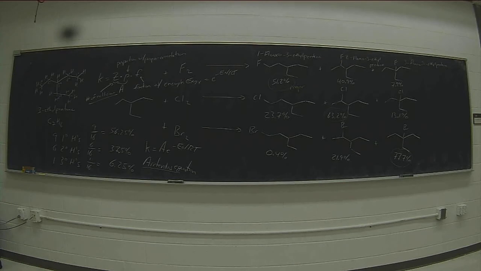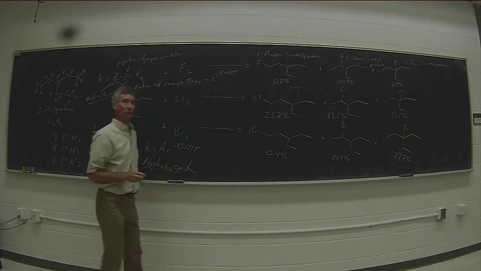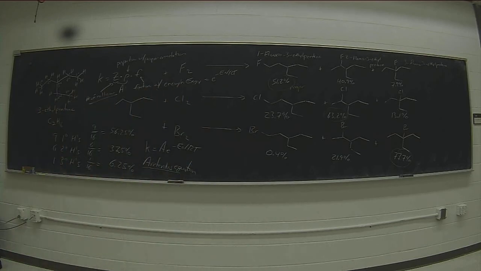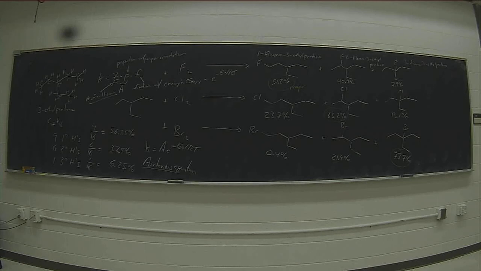So there must be a different reactivity. The relative reactivity of the primary, secondary, and tertiary hydrogens must not be the same. And the relative reactivity must be different for bromine than it is for chlorine, and different still for fluorine. So what we'd like to do is come up with the relative likelihood of a particular hydrogen actually reacting with the halogen radical to form the hydrogen halide and the carbon radical.